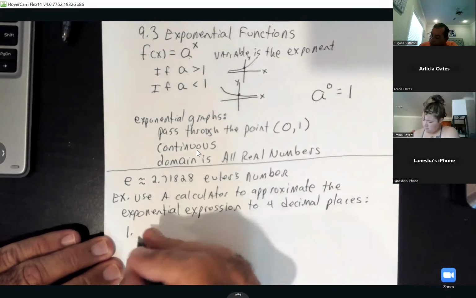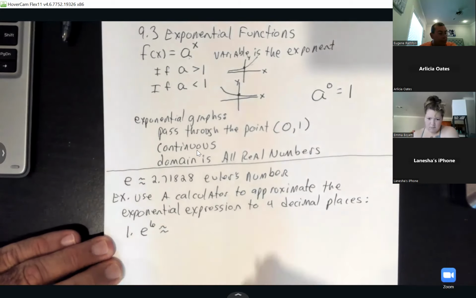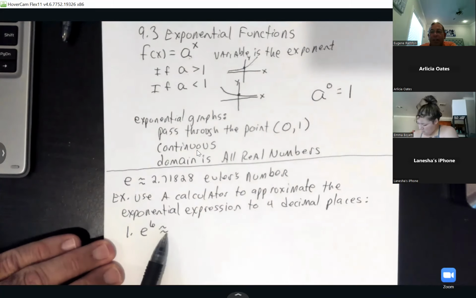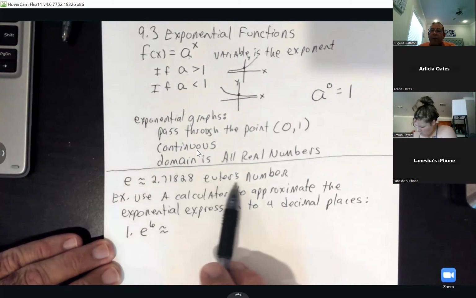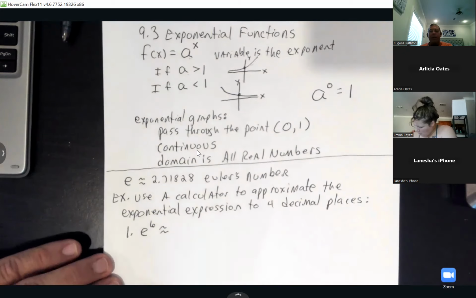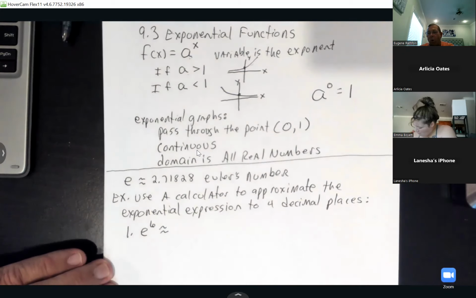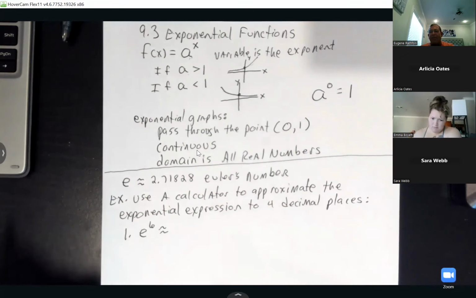So my number one has E to the 6th. And y'all, these curvy parentheses mean we're approximating it. It means we're rounding it off, okay? It's not an exact answer because this thing goes on forever and ever, just like pi. It never stops going. So they just want us to round it to 4 decimal places. So that means 4 numbers after the decimal.